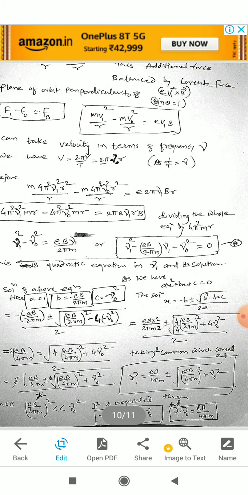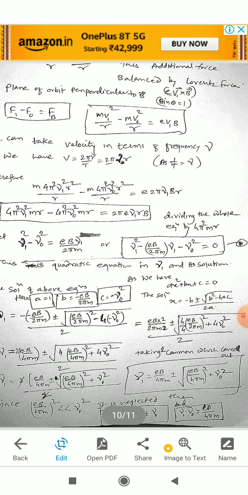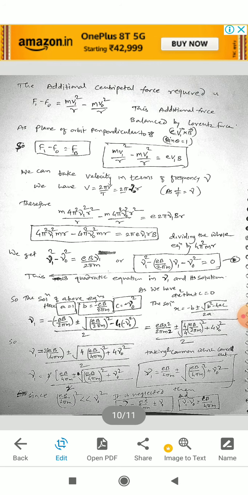Now in this case, nu 1 equals eB upon 4 pi m plus or minus the square root of eB upon 4 pi m whole square plus nu naught square. Since in the square root bracket there are two terms, the term eB upon 4 pi m whole square is very small as compared to nu naught square, so it is neglected.